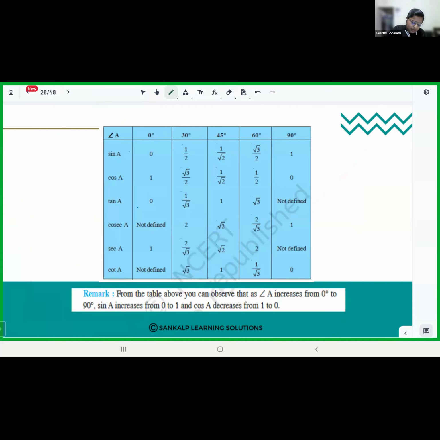Corresponding to sine 0, sine 0 is equal to 0. This you also have to study. And similarly, sine 90 is 1. Sine 0 is 0 and sine 90 is 1, which means sine starts with 0 and when it reaches 90 degree, it ends with 1.